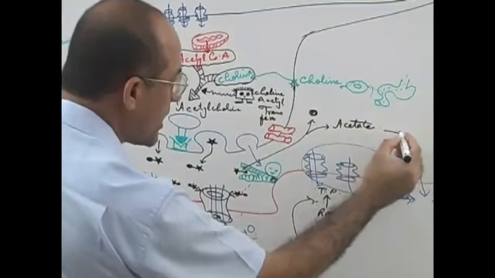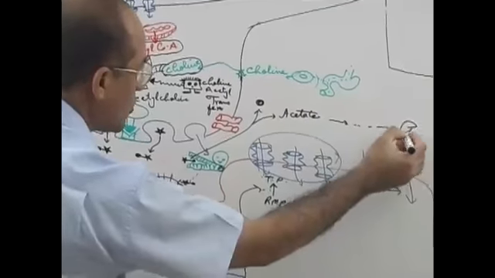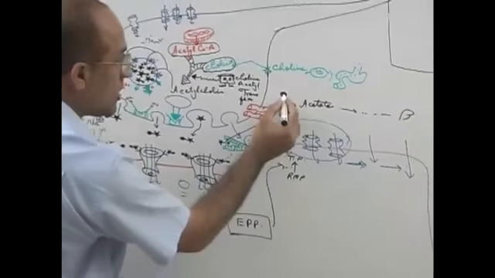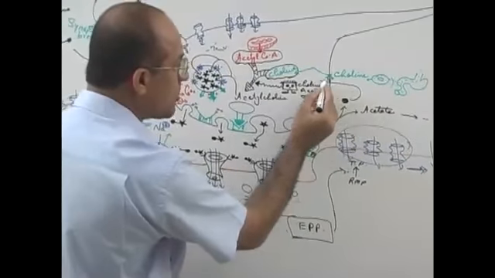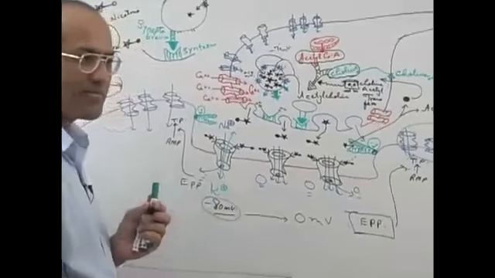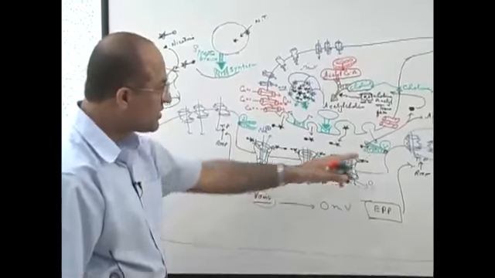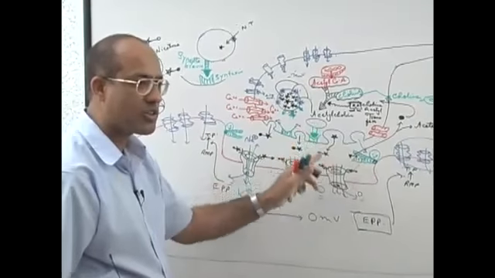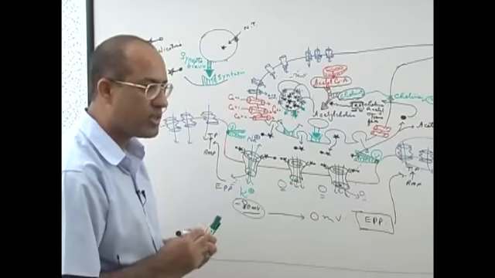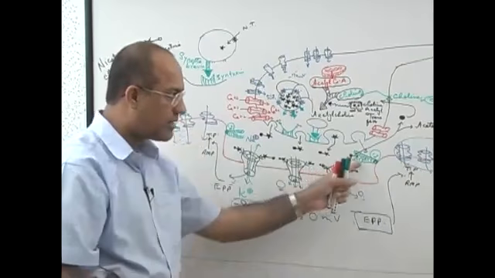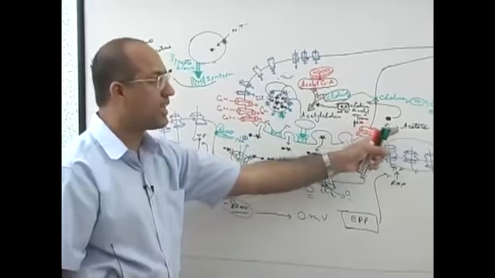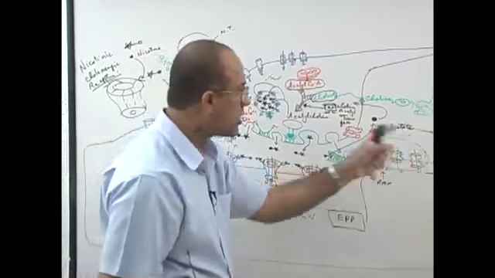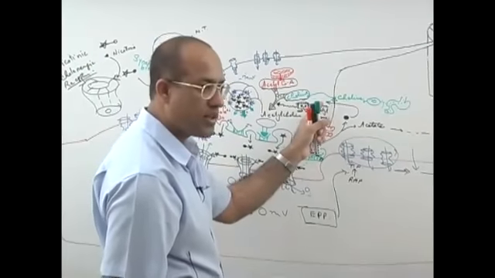Acetate will diffuse away through the blood. It may go to the liver and be used for some other purposes. This choline is very valuable. It will be pumped back again. So these are the enzymes which are responsible to catabolize the neurotransmitter, and acetylcholine is broken by the action of these enzymes into choline and acetate. Acetate diffuses out, and choline is again reabsorbed.